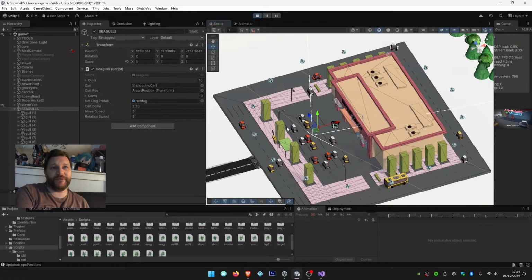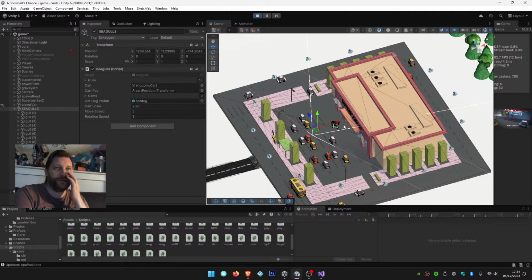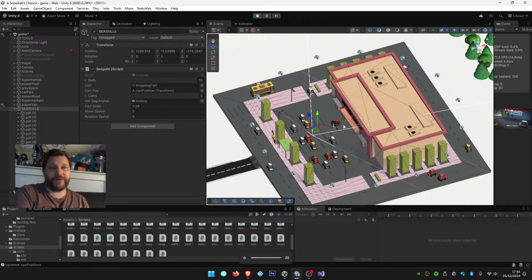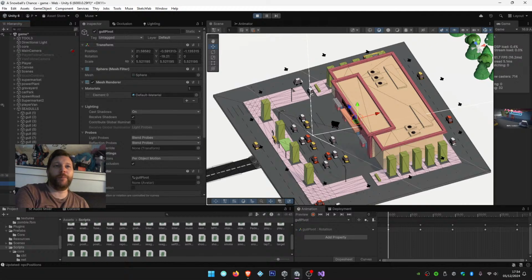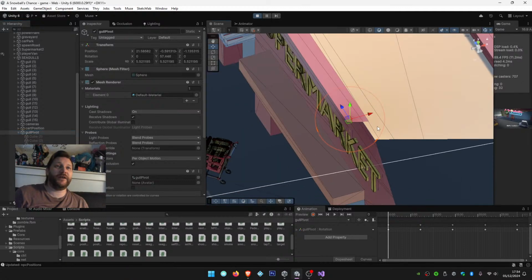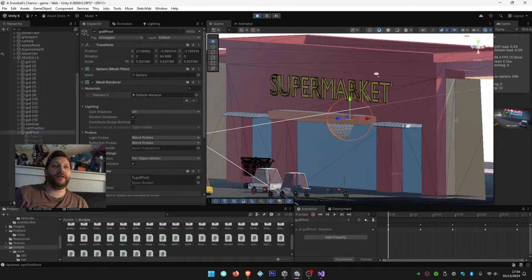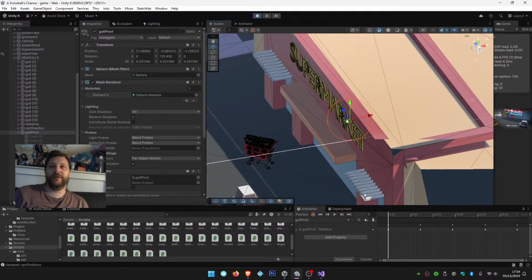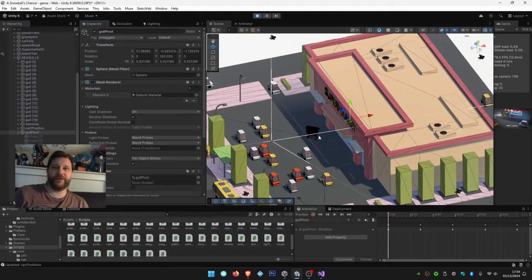Okay, now what happened is they went towards the shopping cart. Let me first explain how this works. We have a goal pivot, which if we turn on the mesh renderer, you can probably see, it's just a sphere. It's actually hidden inside the supermarket for the most part. So there's a sphere in the middle of the supermarket.